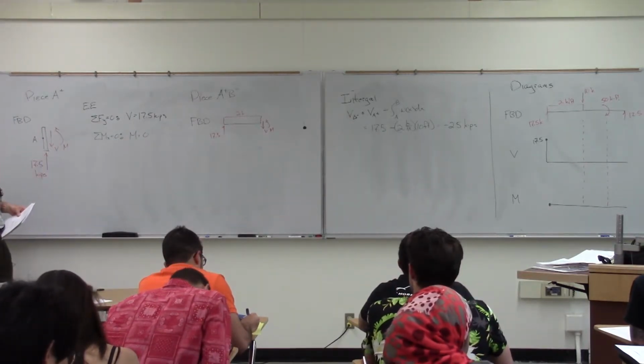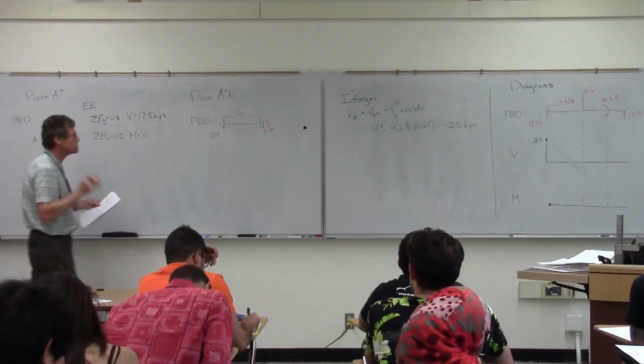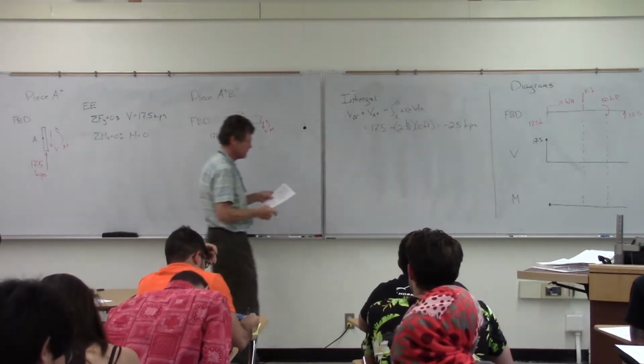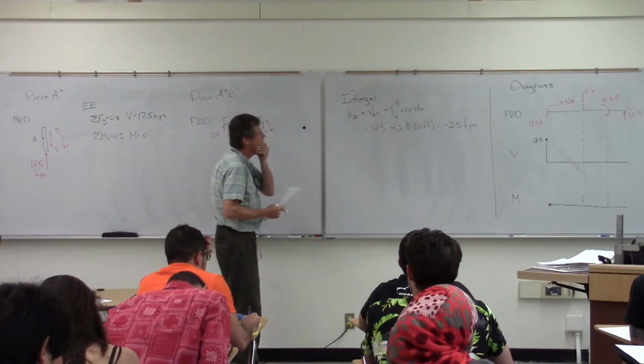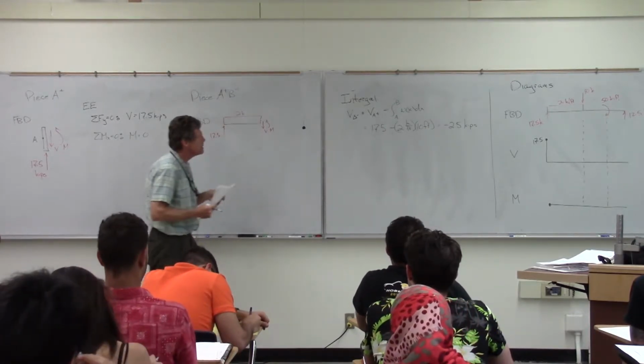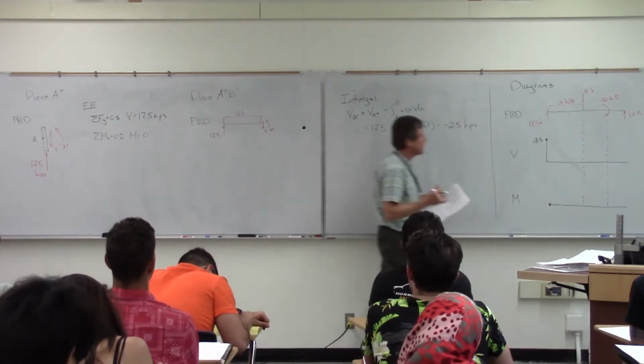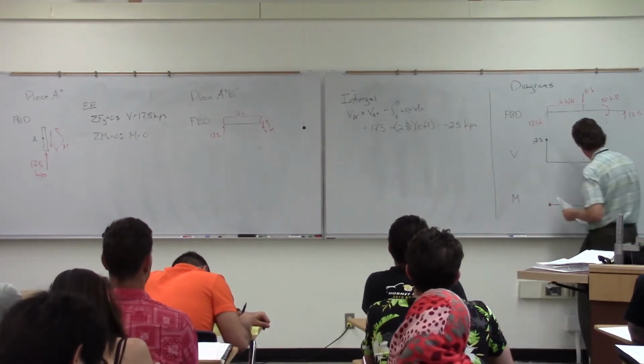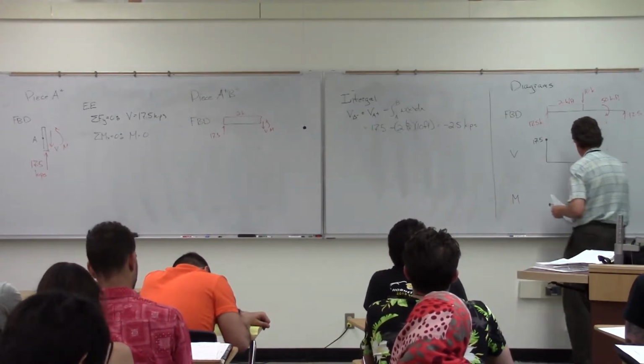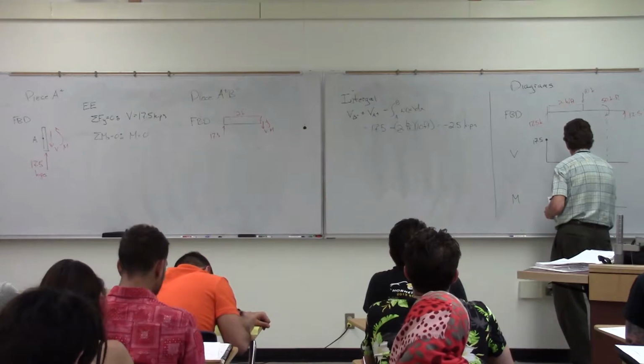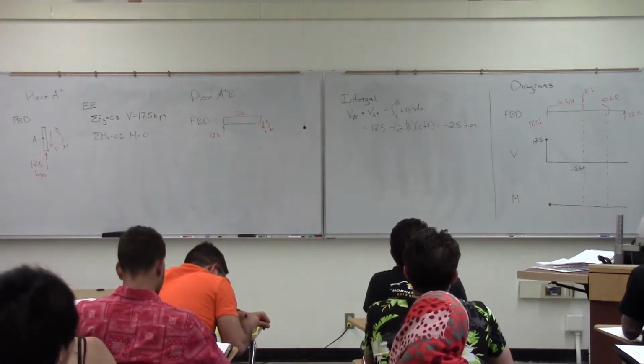So a nice simple integration. I don't have to worry about doing the integration. I just calculate that area. So that's telling me then at point B, my shear drops down to 2.5.